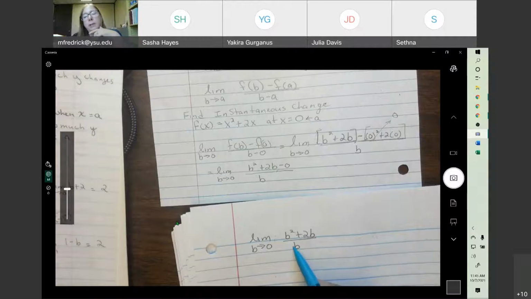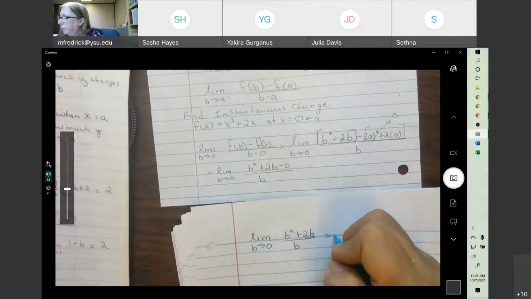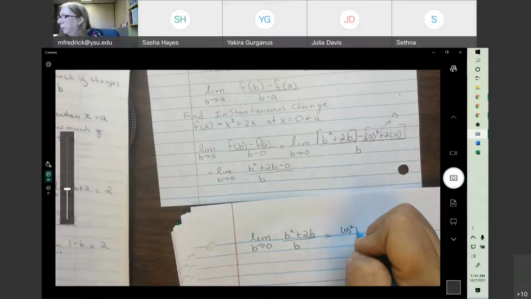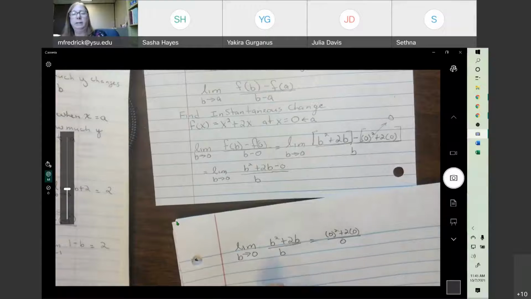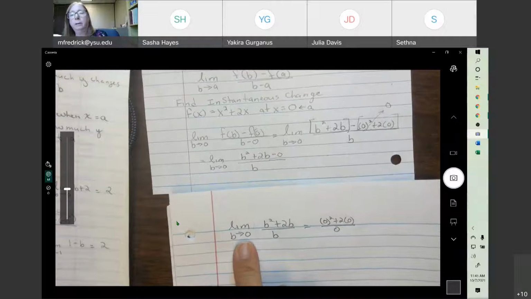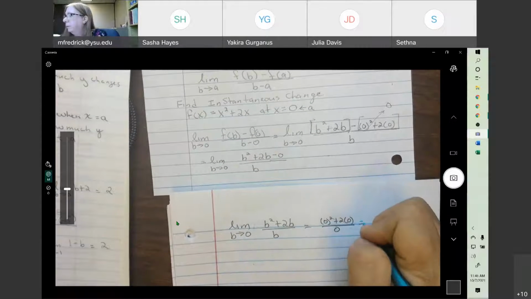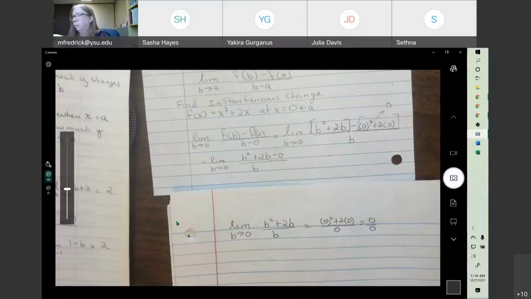Now when we get to here, if you remember the limits, we plug in and see what happens. So if we plug it in, we have 0 squared plus 2 times 0 over 0, plugging in this limit, which is 0 over 0, which means we need to somehow reduce.